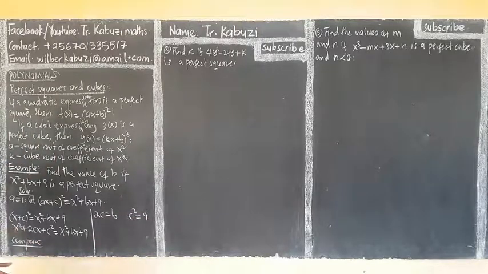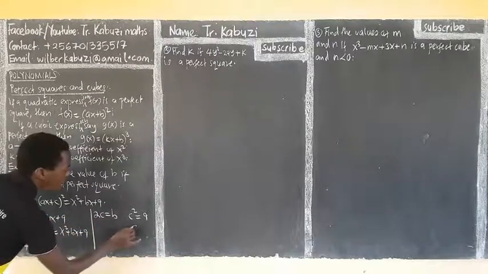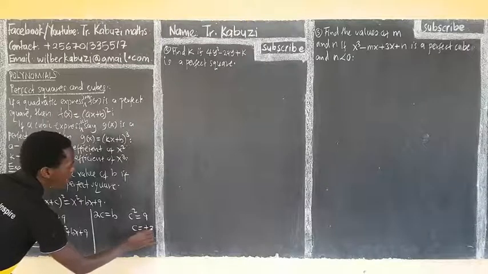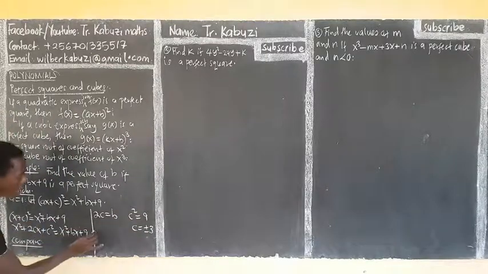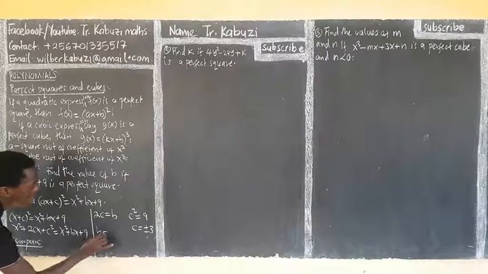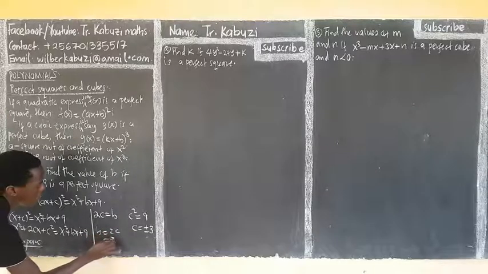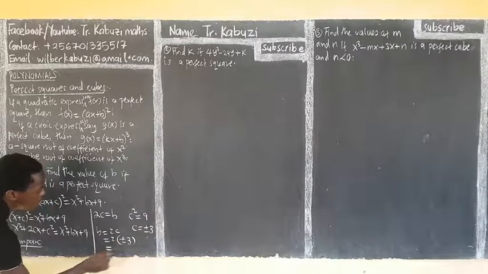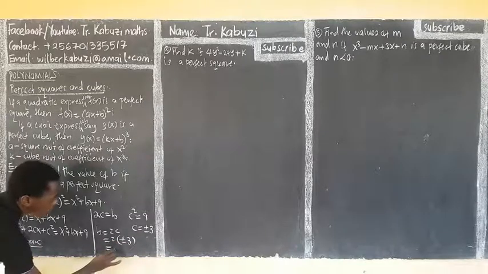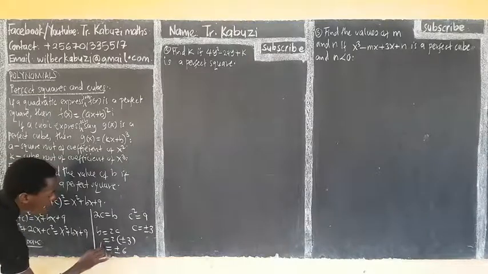There is no condition on b. If you take the square root of both sides, c will be plus or minus 3. To get the value of b, b is 2c, which is 2 times our two values, so b can be plus or minus 6.